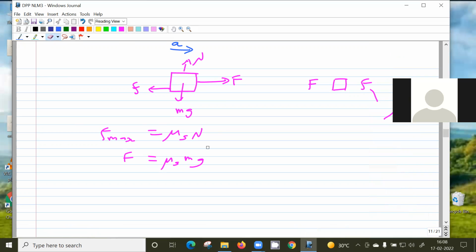So this F minus the friction force, see F minus f, there is a net force that is M into A. Okay, and this normal reaction is mg.